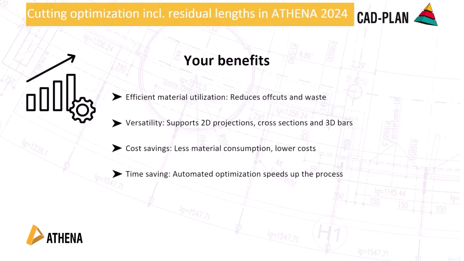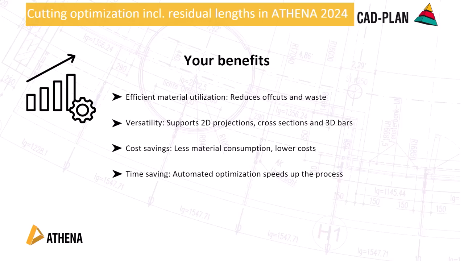We come to the first major feature, the cutting optimization, including residual length. Your benefit in this Athena 2024 update is efficient material utilization. It will reduce your off-cuts and waste significantly.